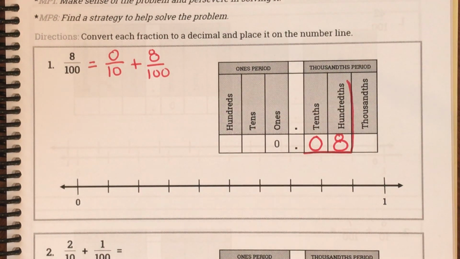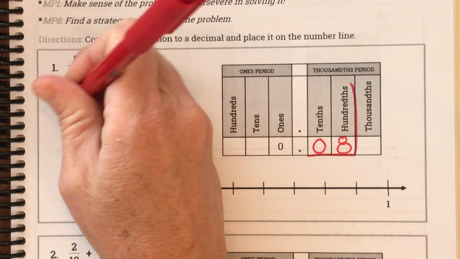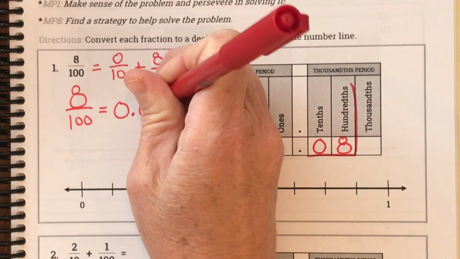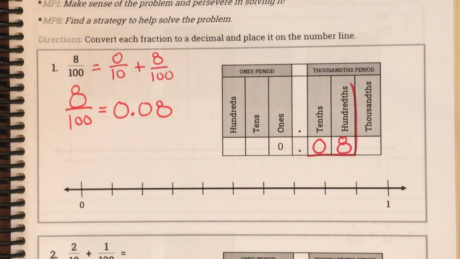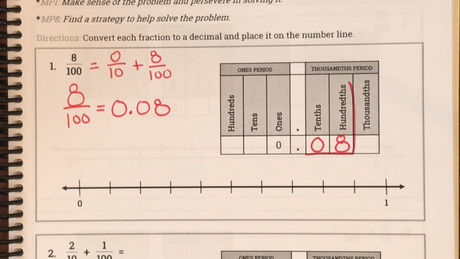Okay, next they want me to put this on a number line. They want me to represent this decimal on a number line. I might want to first just say what are equal. So 8 hundredths is equal to 8 hundredths. Okay, well, what do I know about this number line?